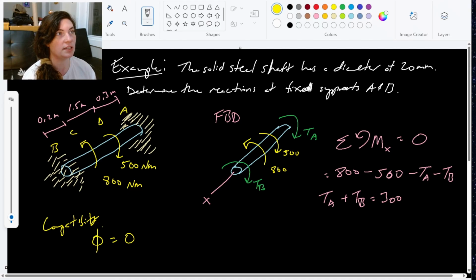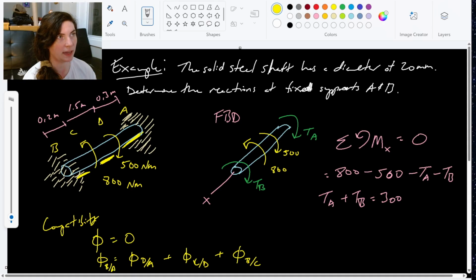So the overall angle of twist is going to be the angle of twist of D with respect to A, this first segment here, plus the angle of twist of C with respect to D, so how C moves compared to D, that second section, and then that last section of B with respect to C. That gives us the overall angle of twist of B with respect to A. We can break it up into those sections and get this relationship equals 0. So that gives us our compatibility.